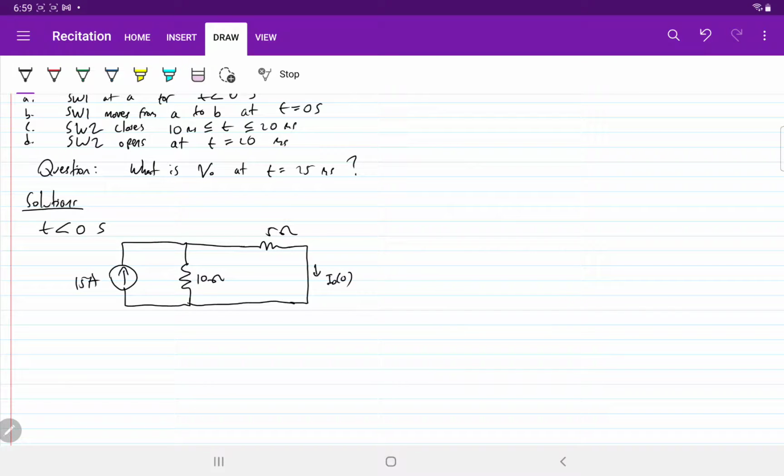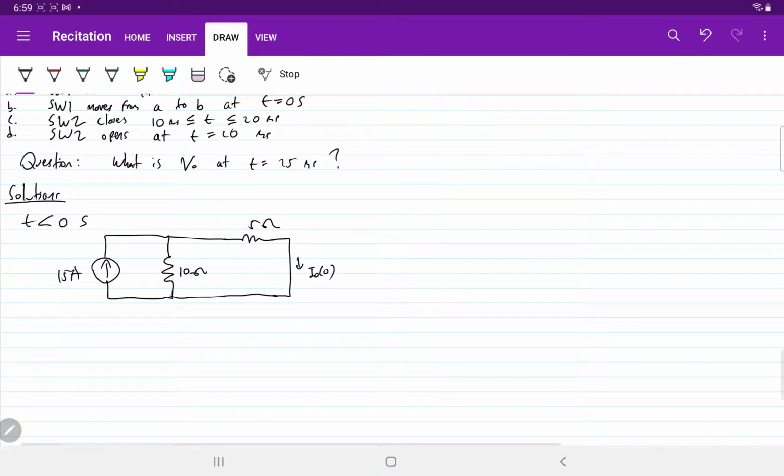Okay, so essentially I0 at 0 is just the current flowing through this 5 ohm resistor from this particular circuit, and we can use current divider. So I0 at 0 is something multiplied by the source, which is 15.